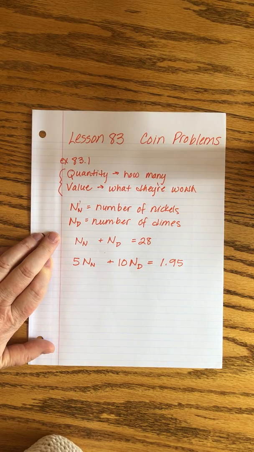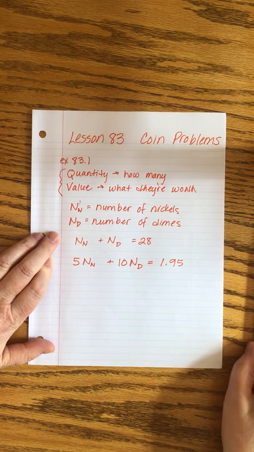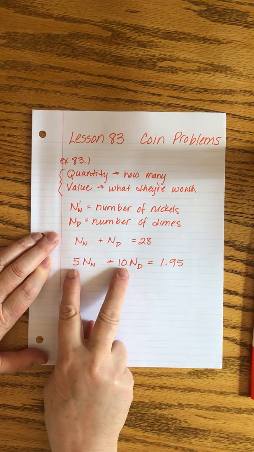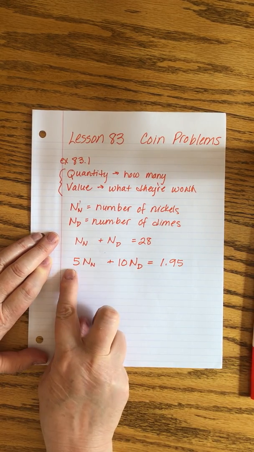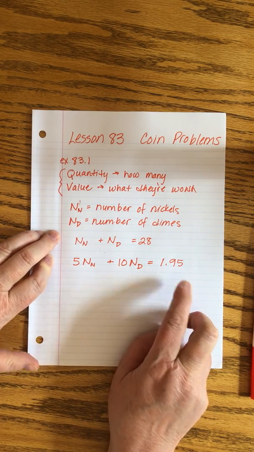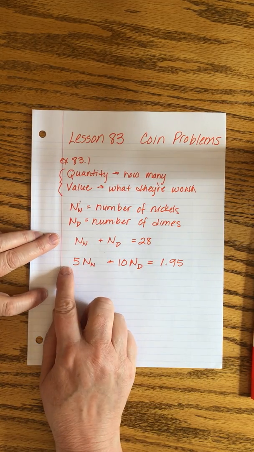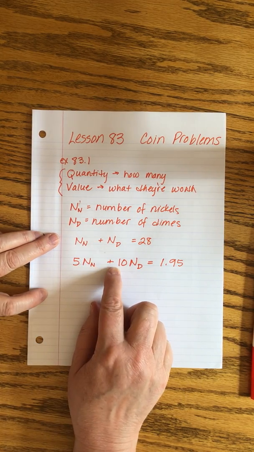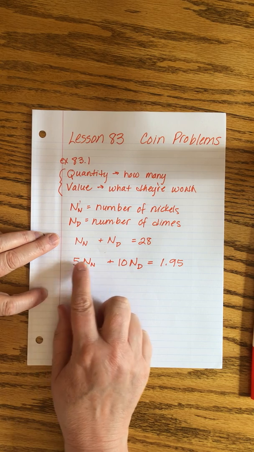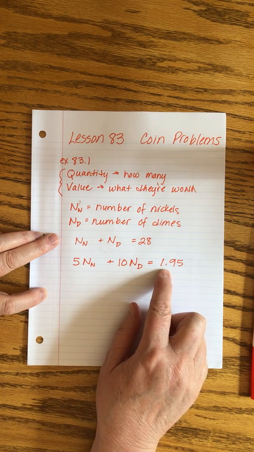Okay? Now, what I've done wrong is I've stated my money in two different units. Here I'm using cents, right? 5 cents and 10 cents. But here I'm using dollars, $1.95. So we could write the value of the coins in decimals. This would be 0.05 and 0.10. And then that would stay the same. But I don't want to do that.